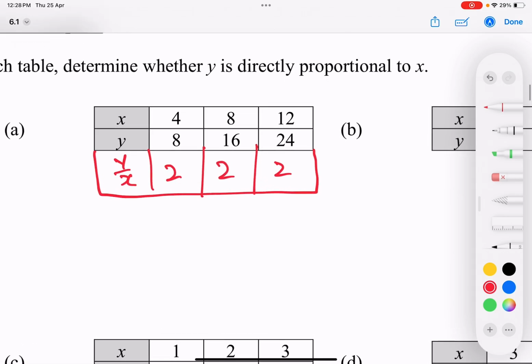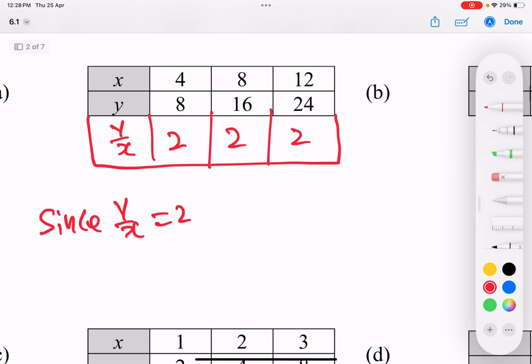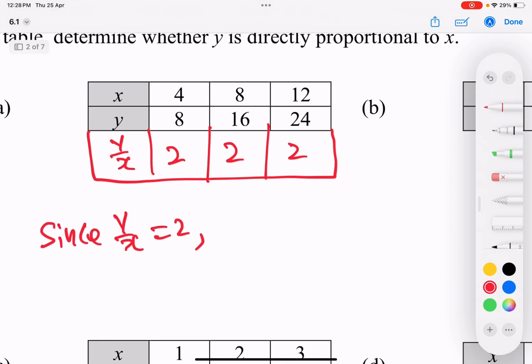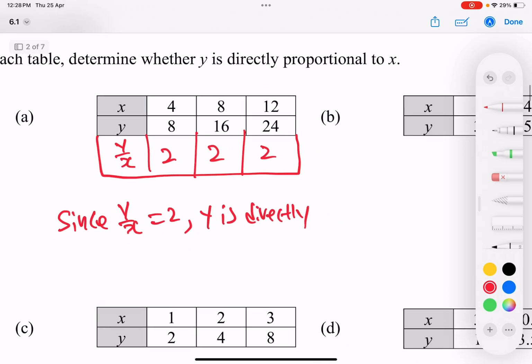Okay? So you must write, since y over x is equal to 2, basically it's for all the values of x and y. So we know that y is directly proportional to x.